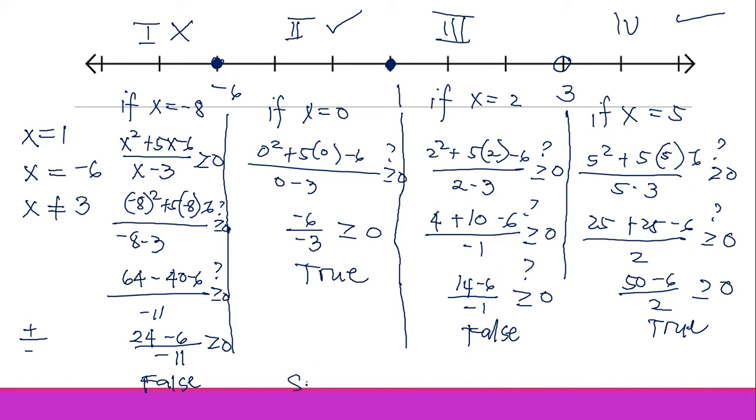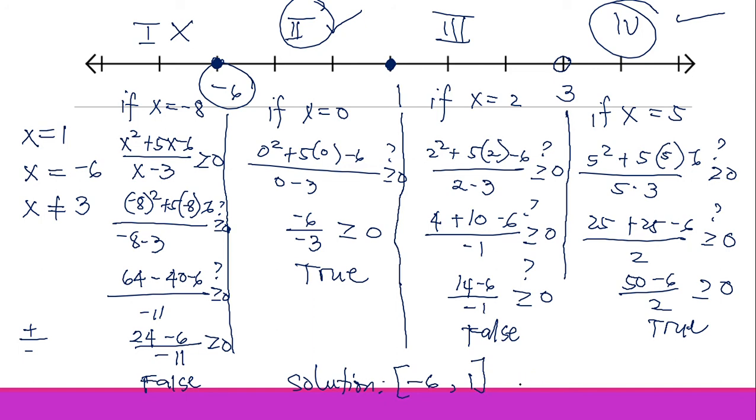Writing now the solution for your inequality, we have region 2 and region 4 as part of the solution. We will be writing based on the boundaries. Region 2 boundary is negative 6, and that is shaded, so we have a bracket in here, and then we have positive 1, and that's shaded, so that's also a bracket.